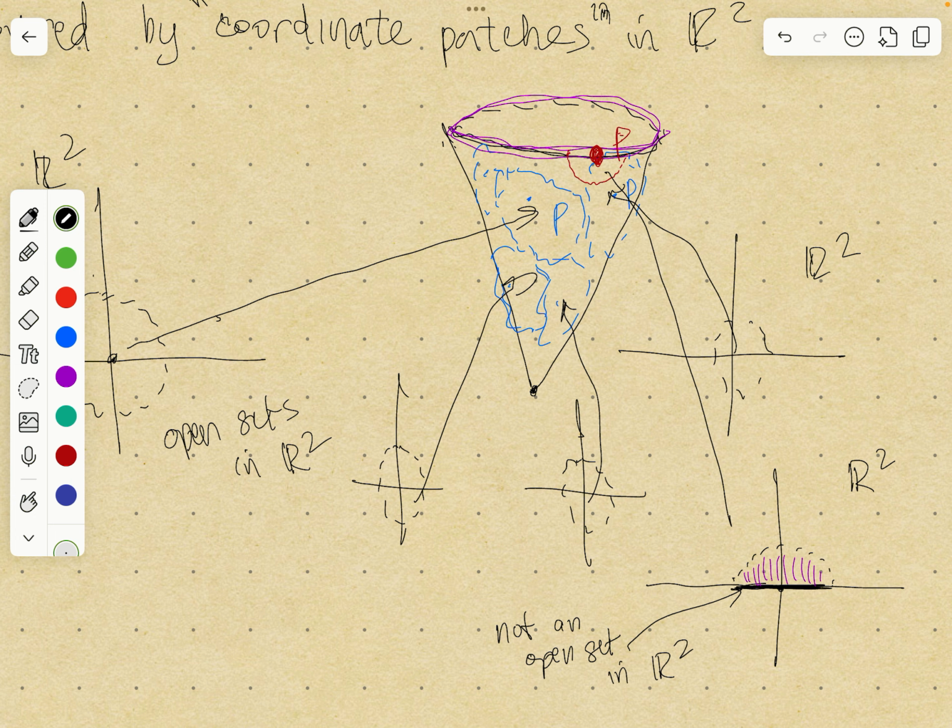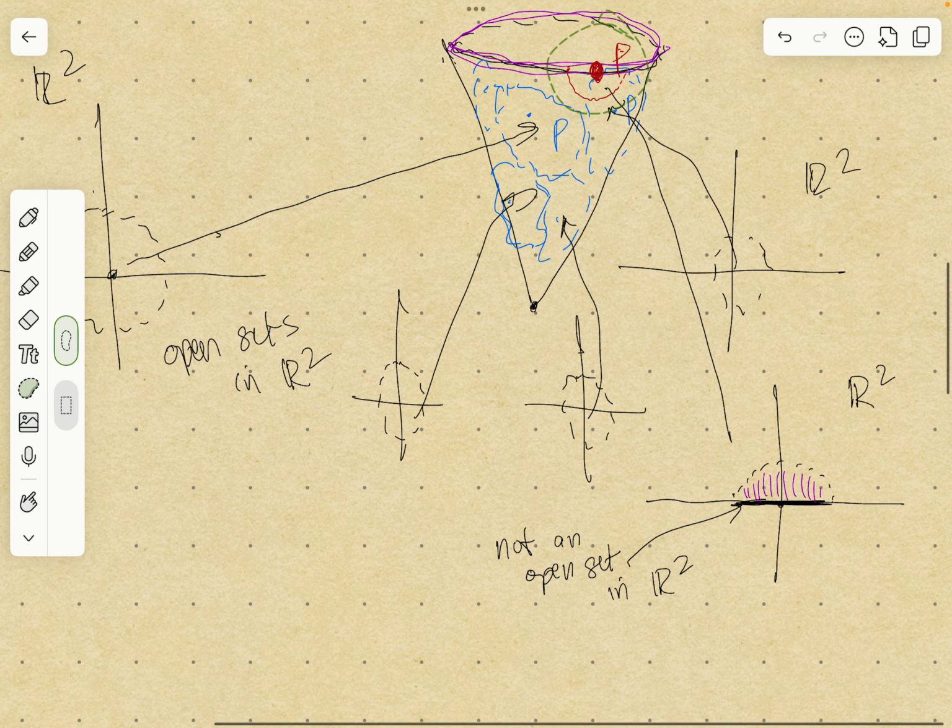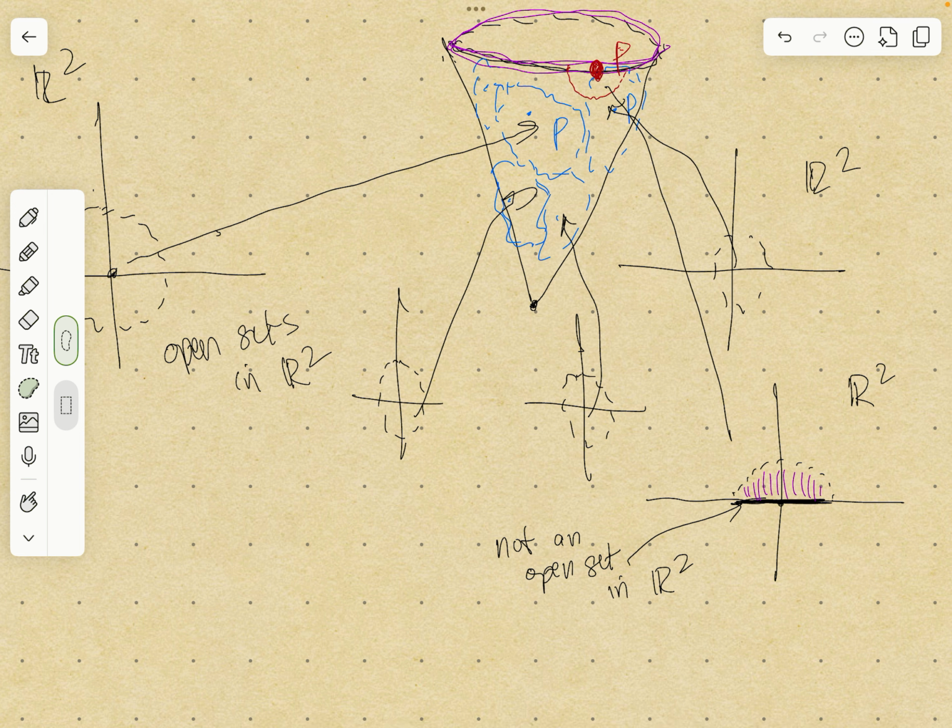But when you look at this point here, when you look at the immediate points near it that are on the cone, and look at how it can be covered by a patch, the patch is not going to be an open set in R2.